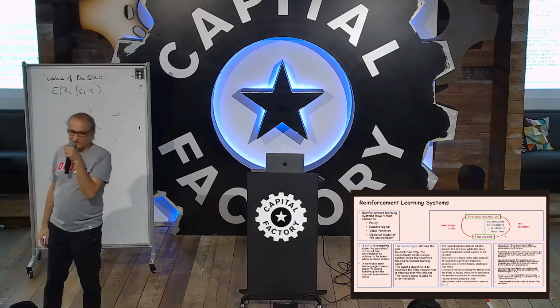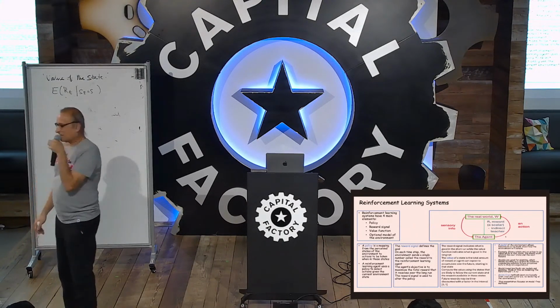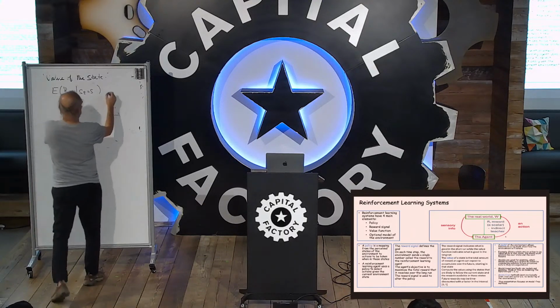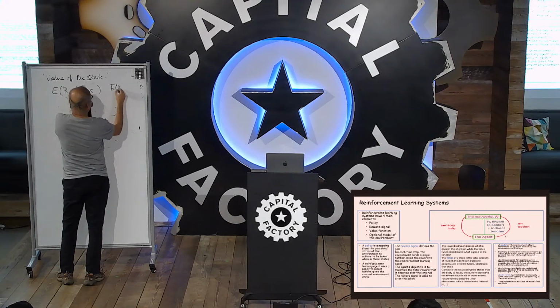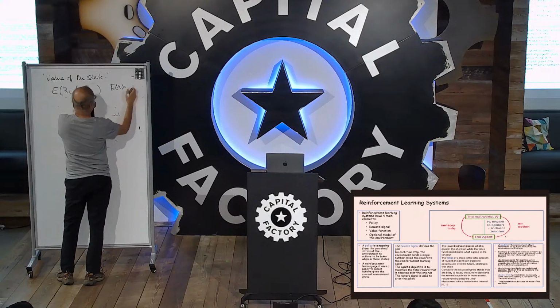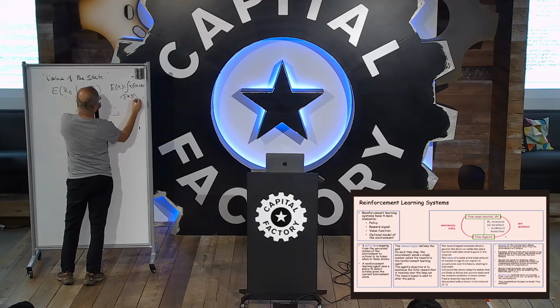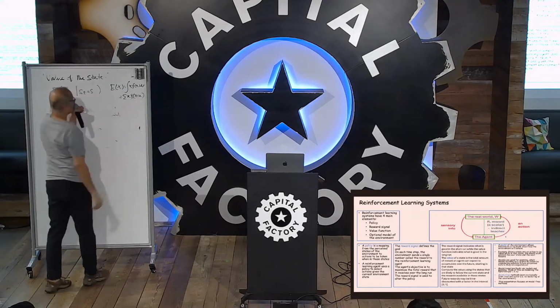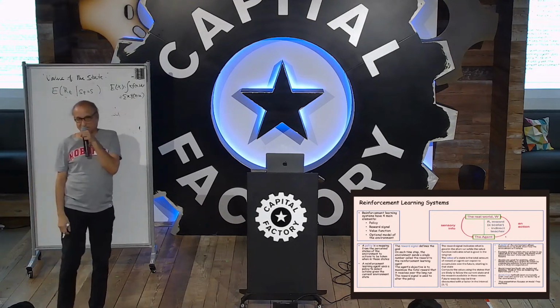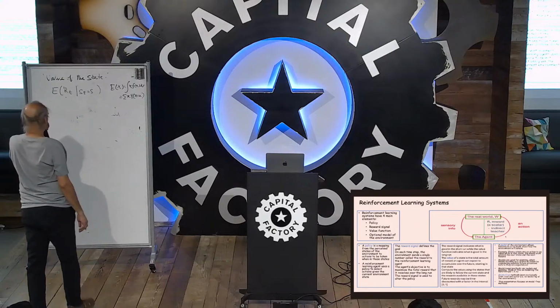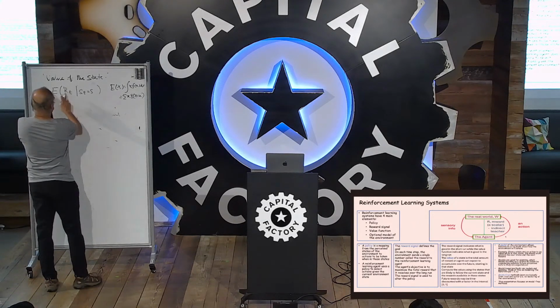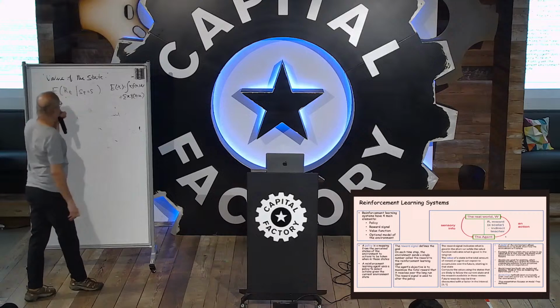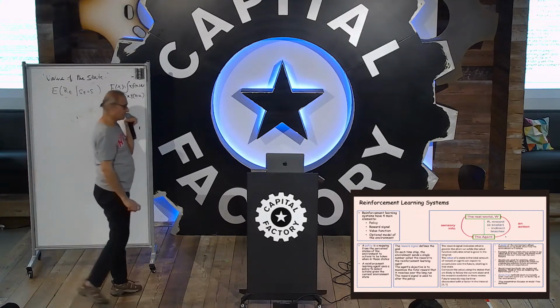The expected value is nothing but an average. The expected value of a random variable, in the case of a continuous random variable, is the integral of x times f of x dx. And in the case of a discrete random variable, it is the sum of probability of x times little x. So that's what we're trying to compute here. That's the value of the state.